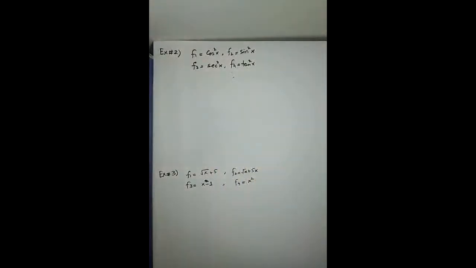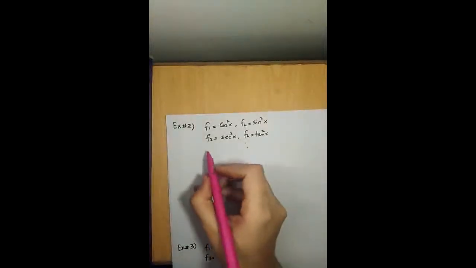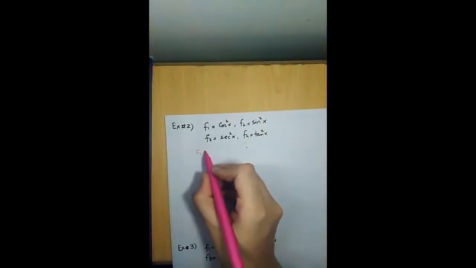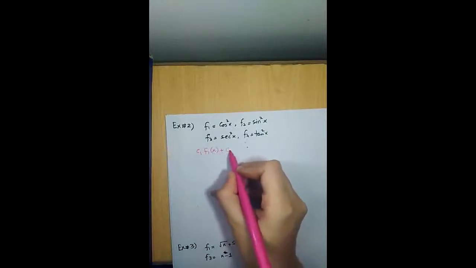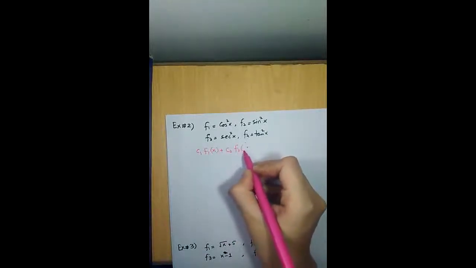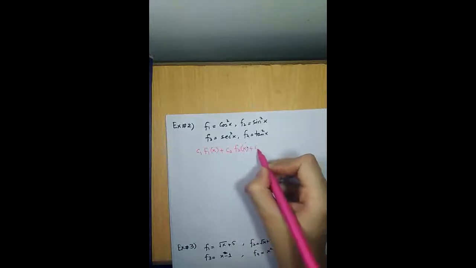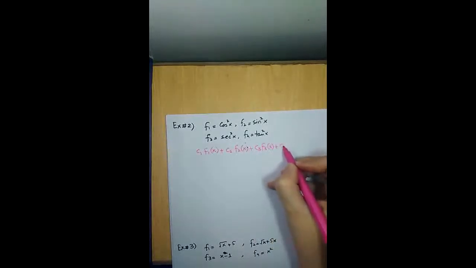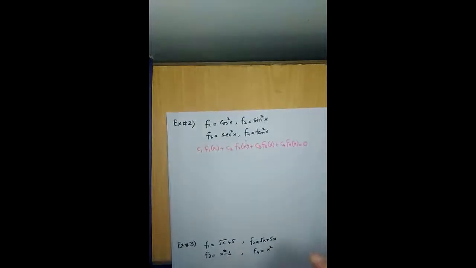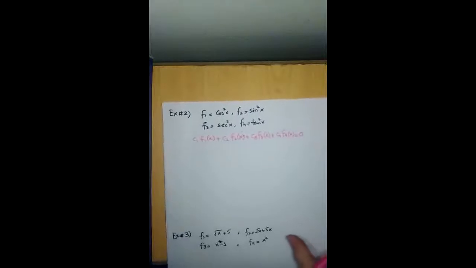Combination is c1 f1 of x plus c2 f2 of x plus c3 f3 of x plus c4 f4 of x. This combination must be equal to 0.